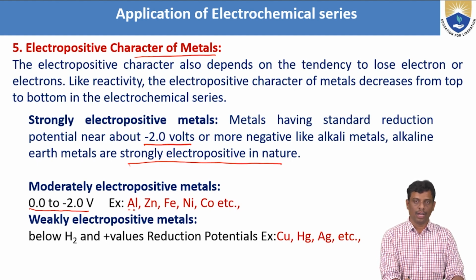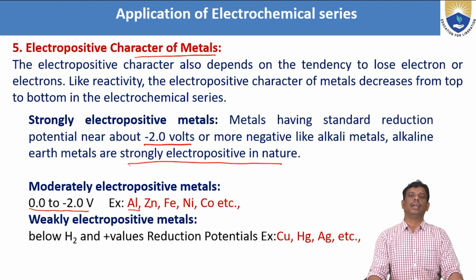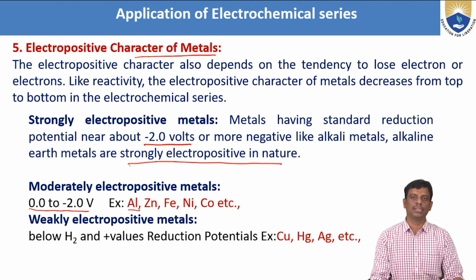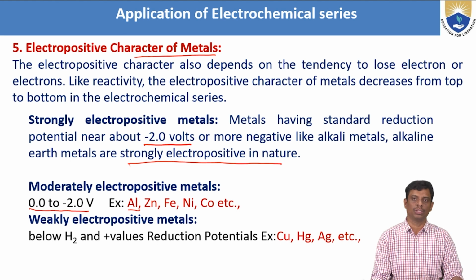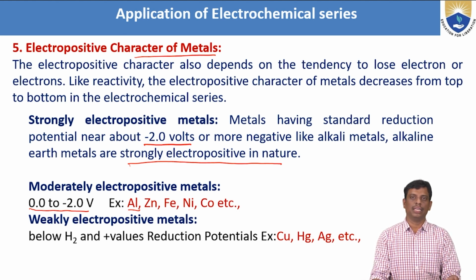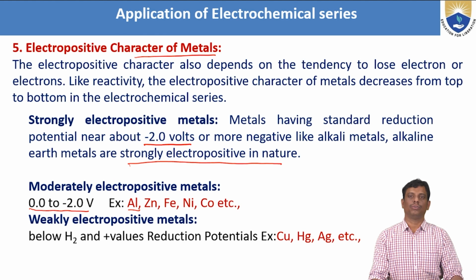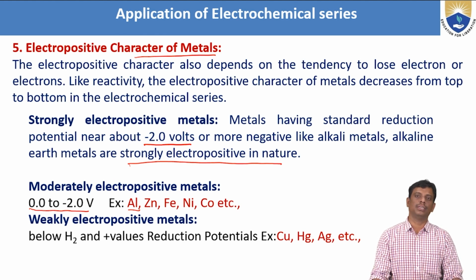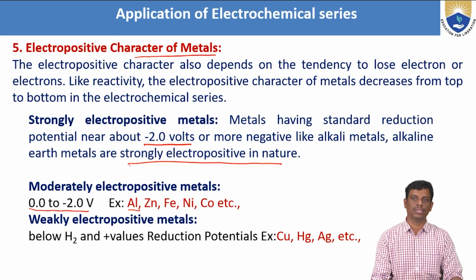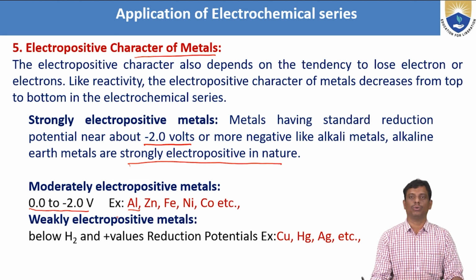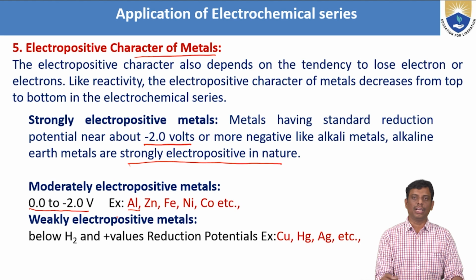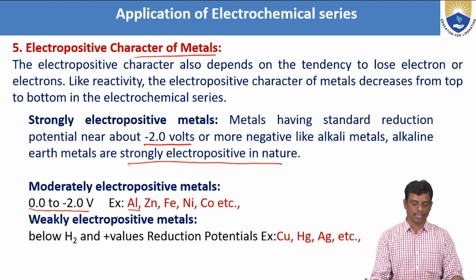For example, aluminium, zinc, iron, nickel, cobalt, etc. These metals are moderately electropositive because their reduction potentials lie between 0 and minus 2.0 volts. If more negative than minus 2.0 volts, they are called strongly electropositive metals. The other metals are weakly electropositive.